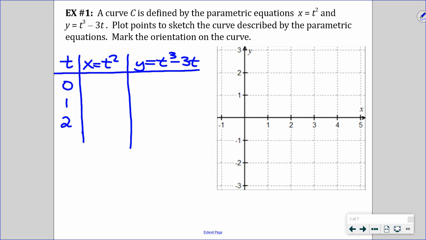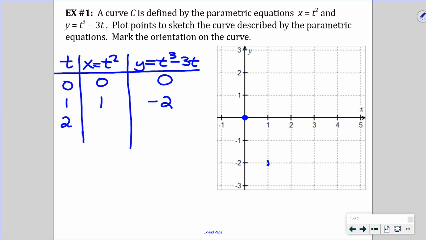So if I plug in 0 for t, 0 squared is 0. And if I plug 0 into y, we get 0 cubed minus 3 times 0, and all that is still 0. So you're just going to plot the point at 0, 0. If I plug in a 1, 1 squared is 1, and 1 cubed is 1, minus 3 times 1, so that would be negative 2, because we end up with 1 minus 3.